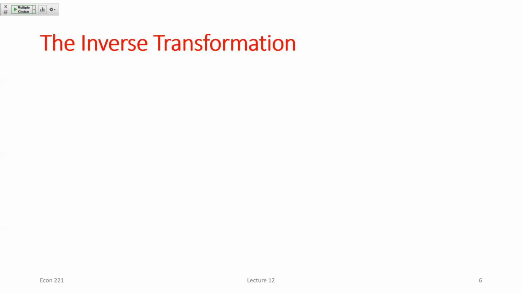So if I just rearrange this a little bit with algebra, I end up with this. If I want to work in reverse, the inverse transformation, I use this formula to find my cutoffs.